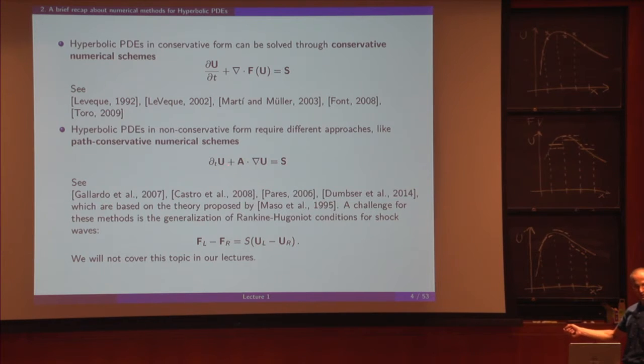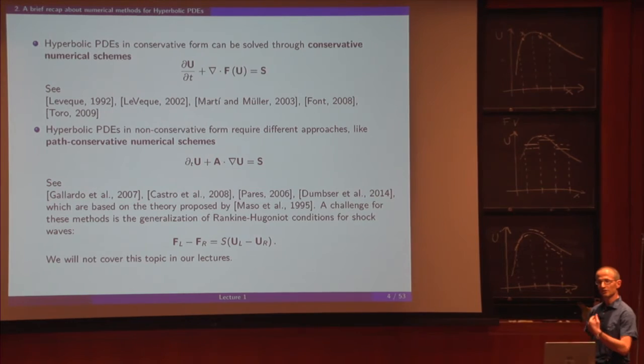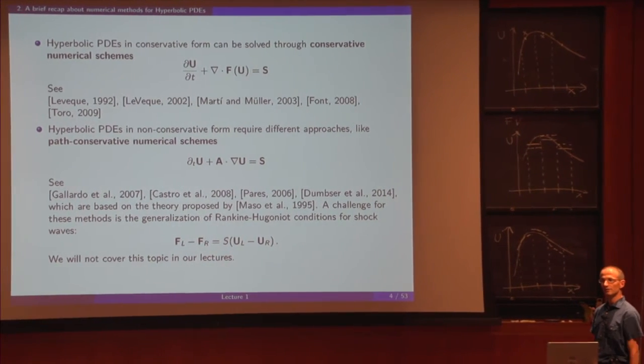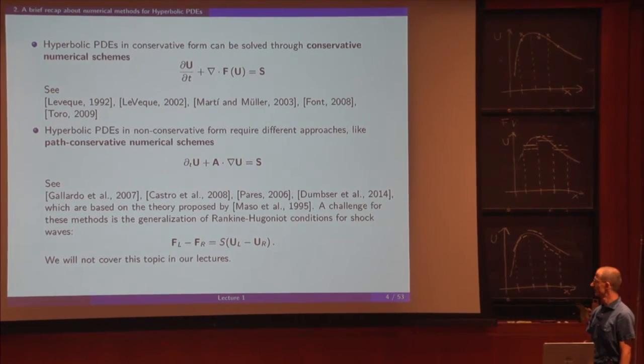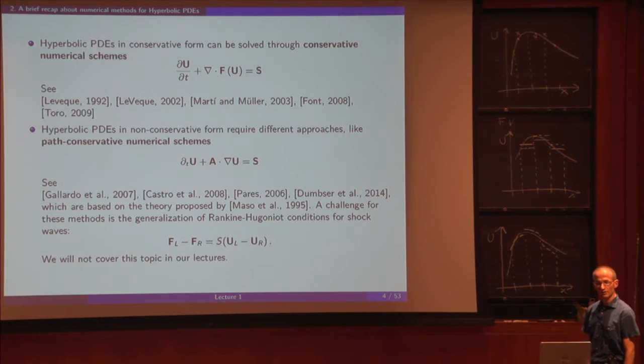For the second formulation, we have to face a major problem, because it's not at all obvious how to generalize the so-called Rankine-Hugoniot conditions. For the first system on top, we know the Rankine-Hugoniot condition can be written like here. The jump in the fluxes is always written as a multiplication of S, the speed of the discontinuity, times the jump in the conserved quantities.